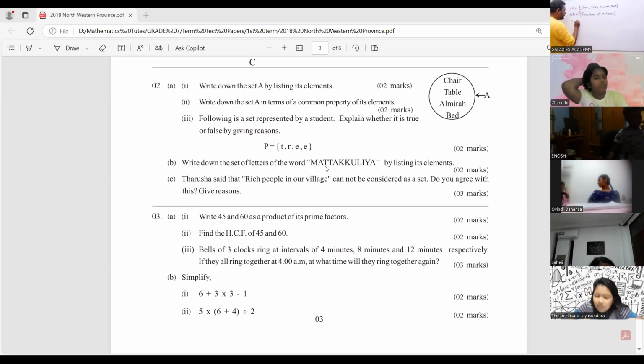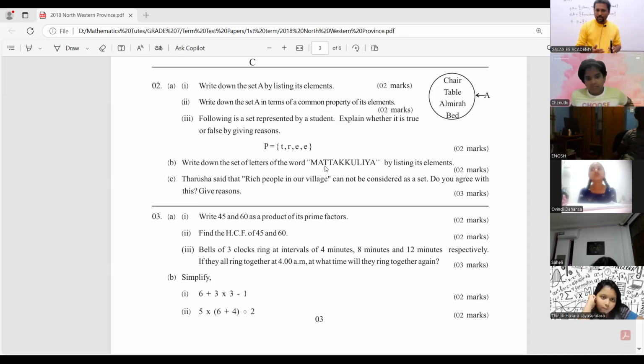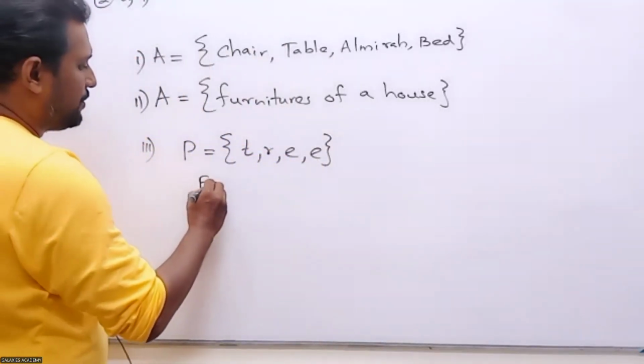Capital P equals, within curly brackets, T comma R comma E comma E. You have to give the answer. Is this representation correct or incorrect? True or false? Also, you have to explain it. Can you tell me whether this method is true or false? False, because the same thing is recurring.